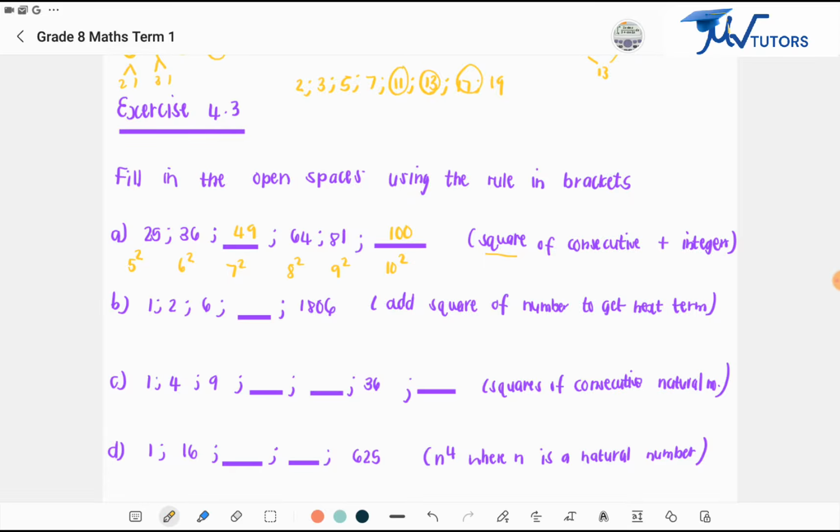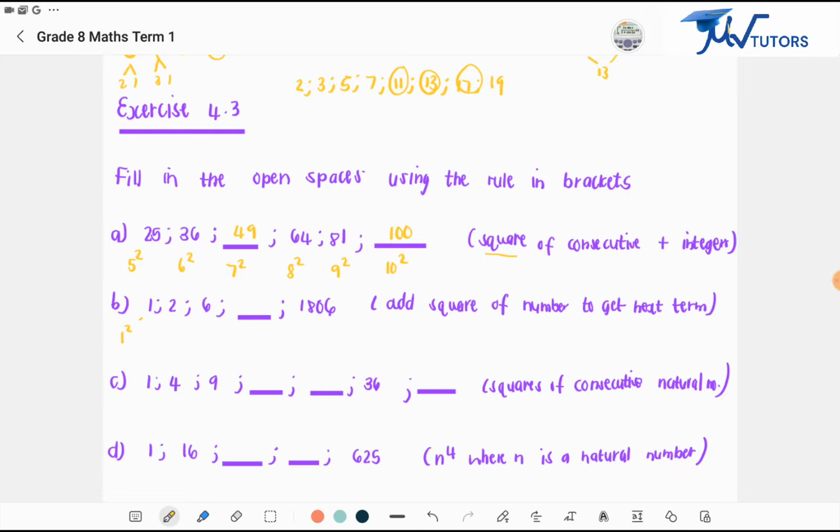And then now for B, it says add the square of the number to get the next term. Okay, so we have 1 squared, which is 1. So you add the square of the number. Okay, so 1 squared plus 1 is 2. All right, cool.